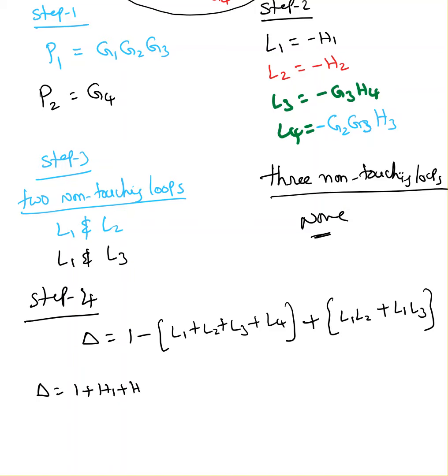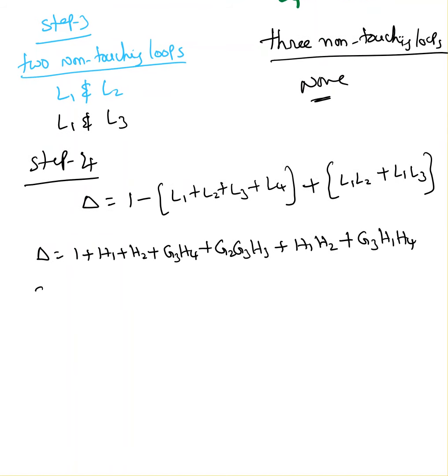So 1 plus h1 plus h2 plus Z3 H4 plus Z2 Z3 H3 plus L1 times L2, which is minus H1 minus H2, which is going to be positive H1 H2, plus L1 L3, so minus minus gets cancelled. I'll end up with Z3 H1 H4. That is step 4.